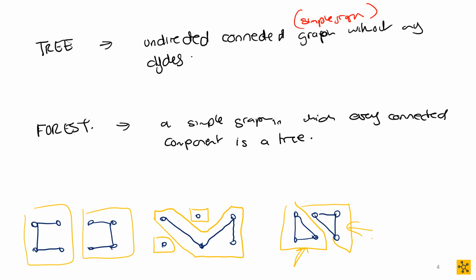So the idea behind this is the moment you say it's a simple graph where every connected component, and we've shown now how you can write connected components, is a tree. So that one, neither of those are trees. So you see how it narrows it down and automatically engages with the idea that it has no cycles in it by utilizing the definition of a tree, and that's where we get back to it.